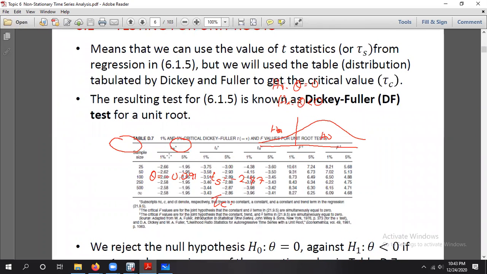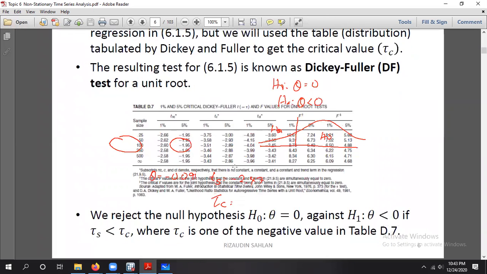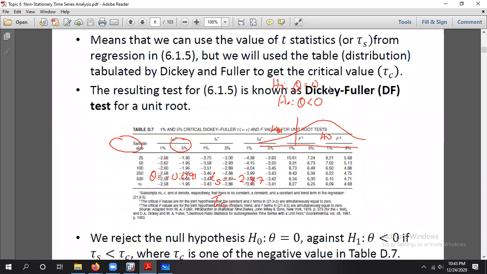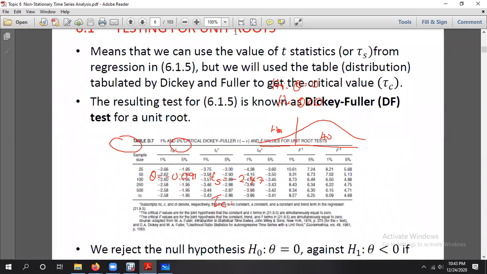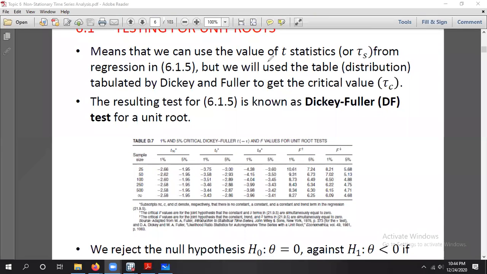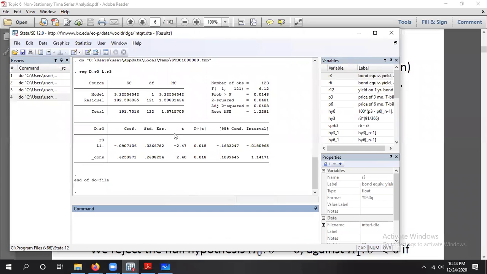Then look at the sample size, how to pick up this value. We can see that we look at the value of n.